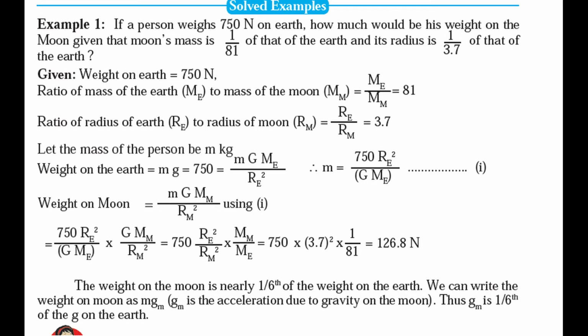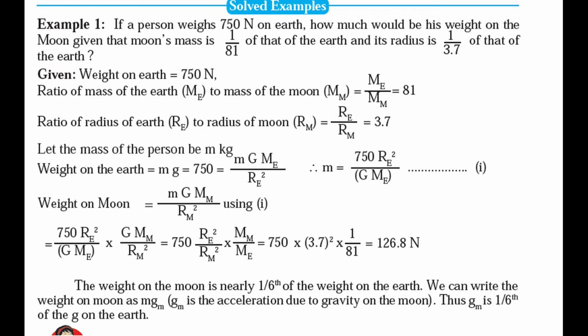So putting all the values into this, we calculate mass m as 750 times R squared divided by G M.